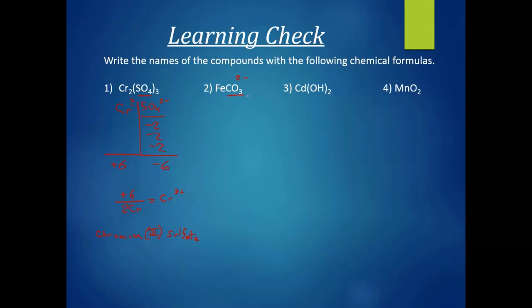And how many carbonates do we have? 1. So we have 1 carbonate. And that means if the total charge is -2, that means iron must have a charge of what? 2. Yeah, +2. Is it +2 or 2 plus? That's a 2 plus.